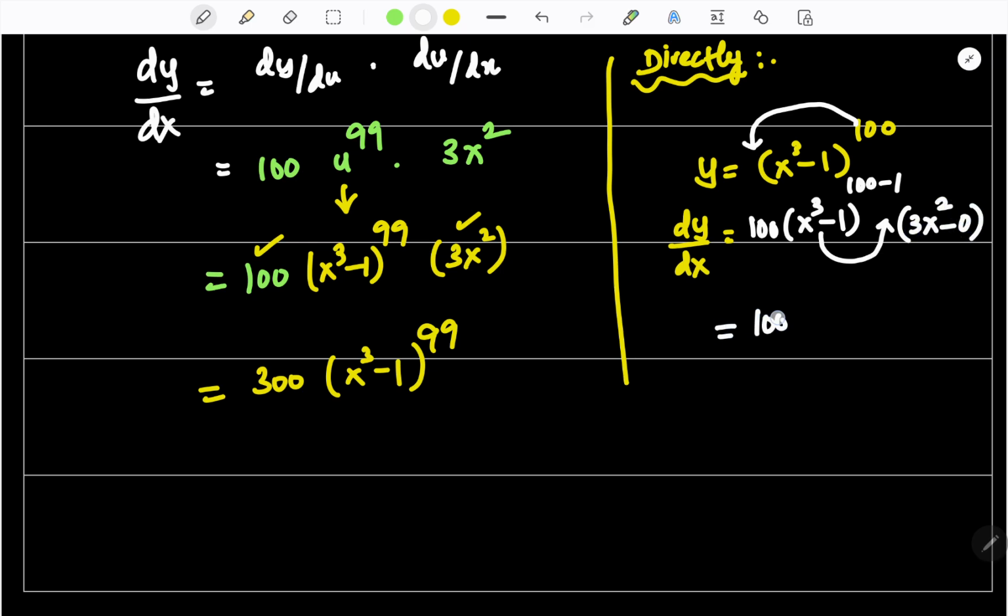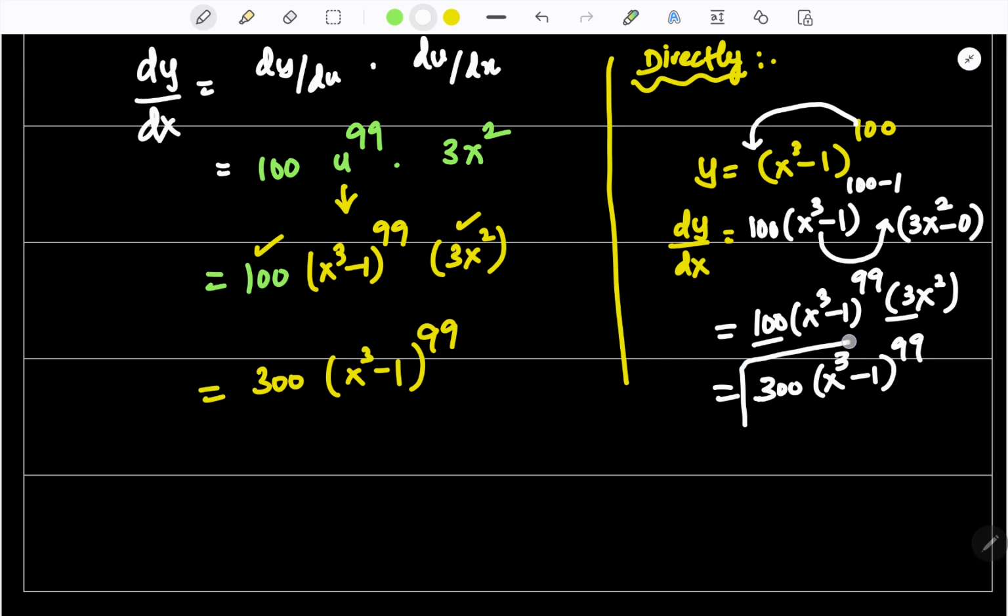So this equals 100 (x cube minus 1) to the power 99 times 3x square. This equals 100 times 3, which is 300, times (x to the power of 3 minus 1) to the power of 99. Check your answers here. Yes. Which is the same.